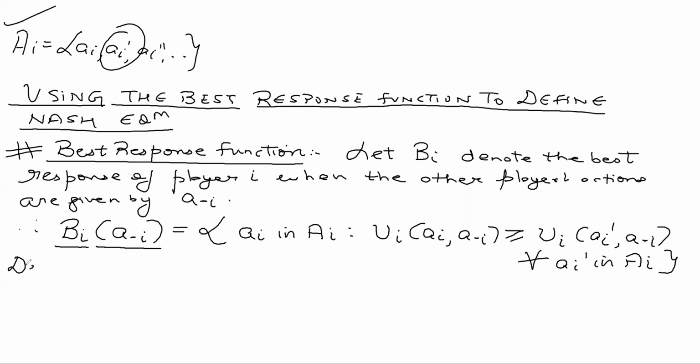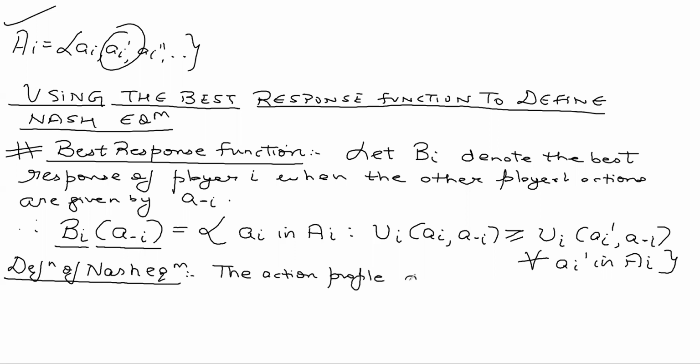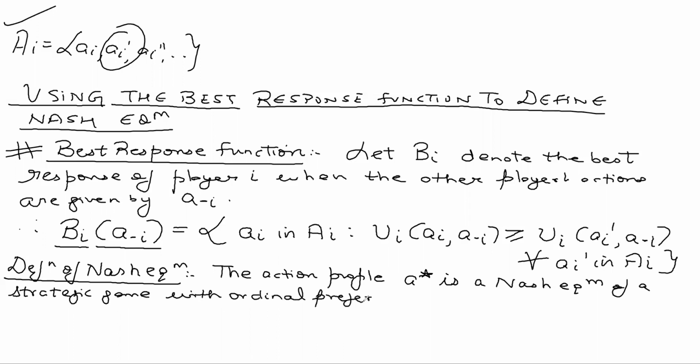So the definition of Nash equilibrium: the action profile a star is a Nash equilibrium of a strategic game with ordinal preferences if and only if every player's action is a best response.